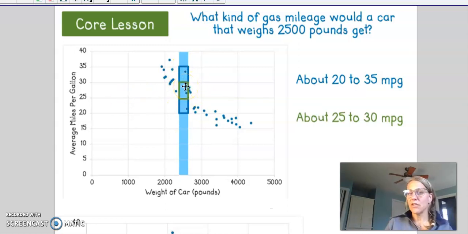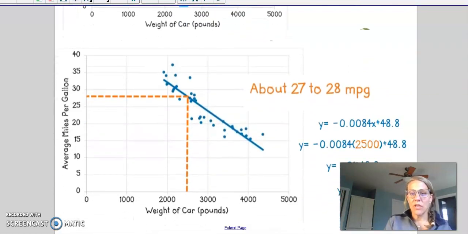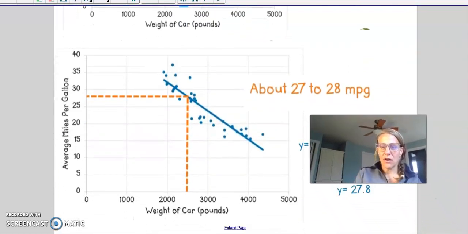So we're making some predictions even right now without a line of best fit. This would be our better prediction, 25 to 30, just because that's where the data seems to be clumping, but it does range from about 20 to 35. So we know it's going to be somewhere in there. But now if we add a line of best fit, we can get even more specific. I'm going to show you this part first and ignore that equation for now.